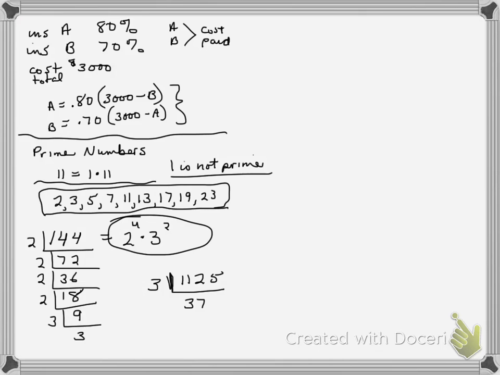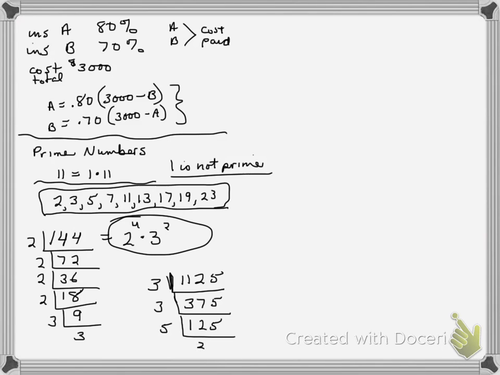3 goes into 15 5 times. Okay. So can 3 go in again? Yes. So we kind of have to be a little bit sharp with our mental division here. Hopefully you can do this. 15, 5 times. Now, 3 does not go in, but 5 will.